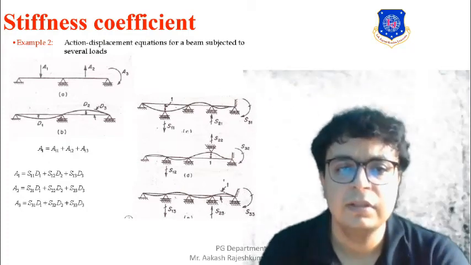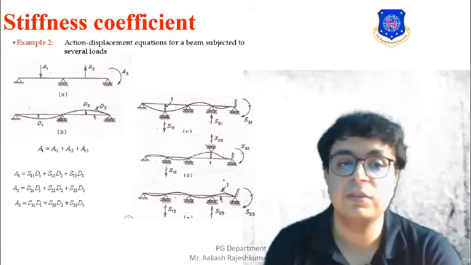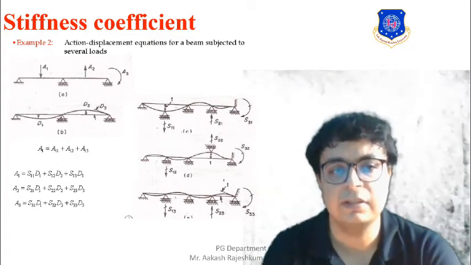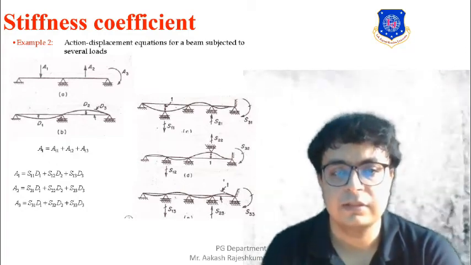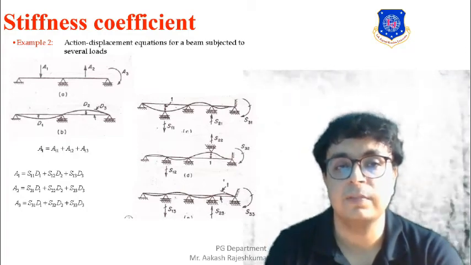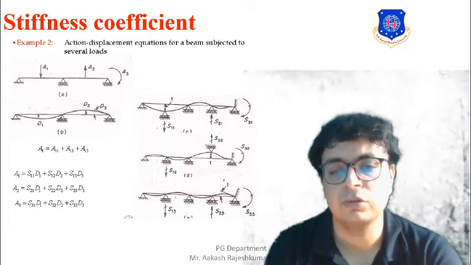So in this way, the action takes place. Action A1 will be equal to A11 plus A12 plus A13. Okay. So yes, let's consider the first load. You can see over here in the first part as 1, then in the second load as 2, and the third one will be the rotation.